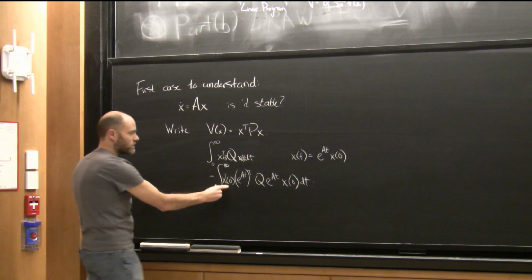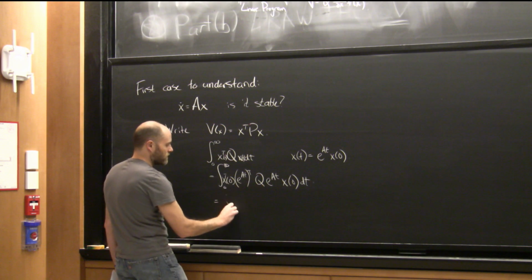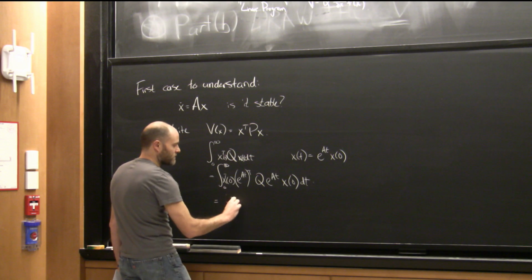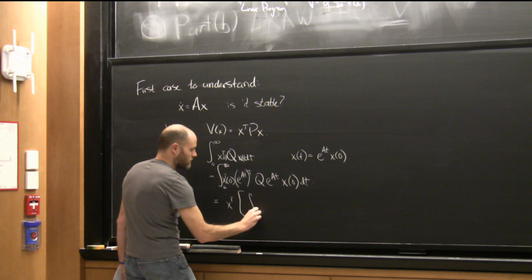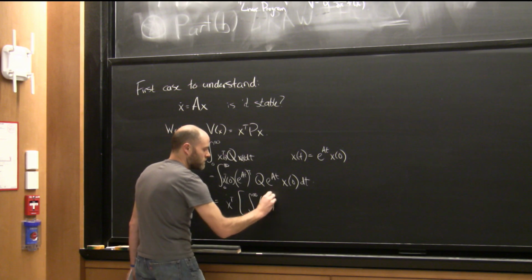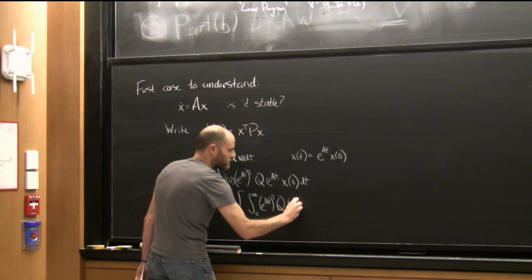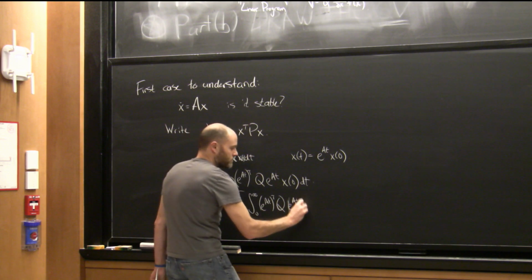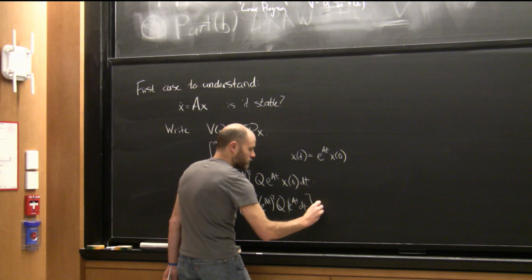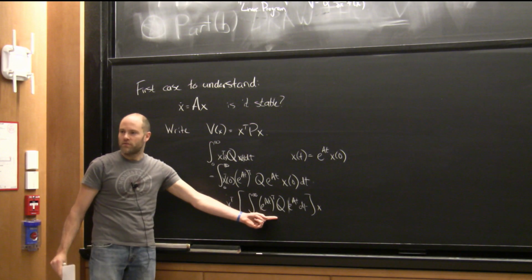And that x0, in terms of this integral, is a constant. I could pull that outside. So what I end up getting is something that looks like this. It's a nasty thing on the inside, for instance, but there is a reason why these things turned out to have quadratic forms.